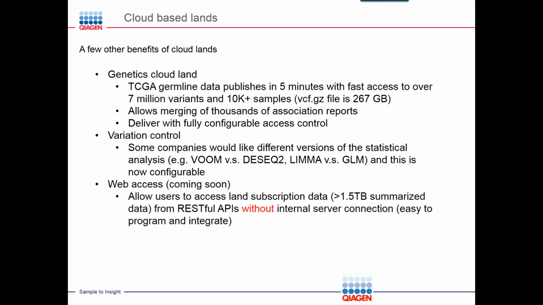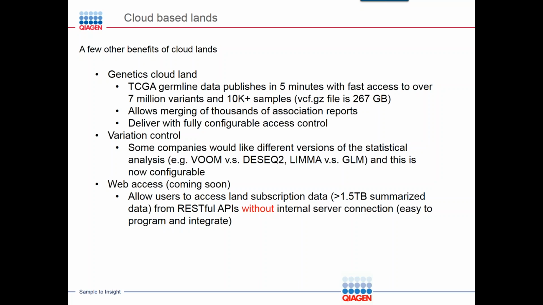So LAN has a lot of advantages, but there are still a lot of potentials that I think cloud LAN can provide. I'm just listing a few things here. When we apply this cloud LAN technology to genetics, TCGA-GEMLAN, which is now finalized and generally available for users who have access to genetics LAN, it can publish in 5 minutes.